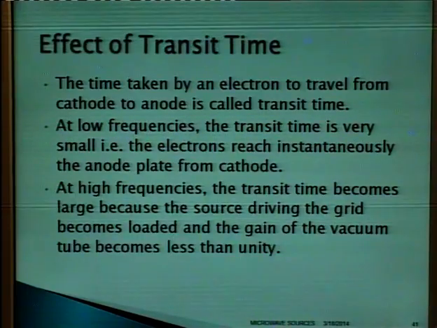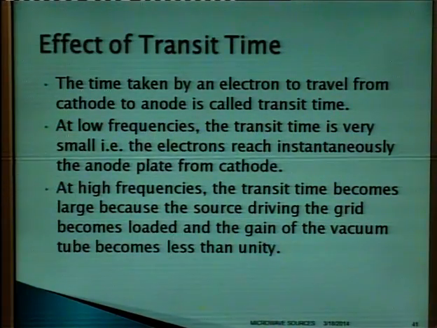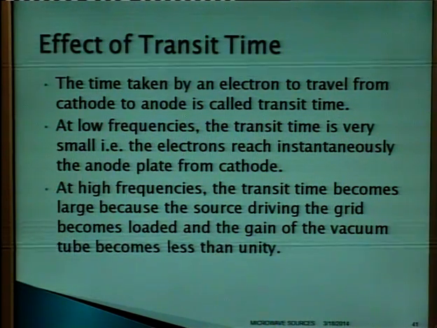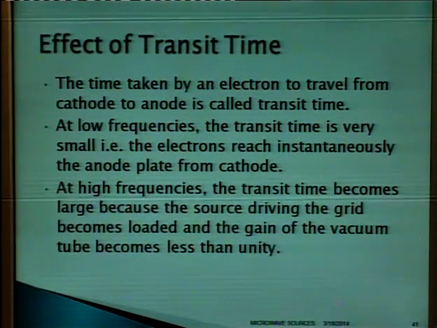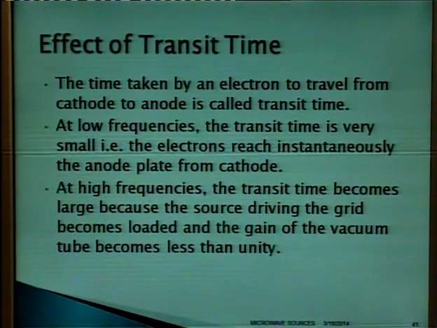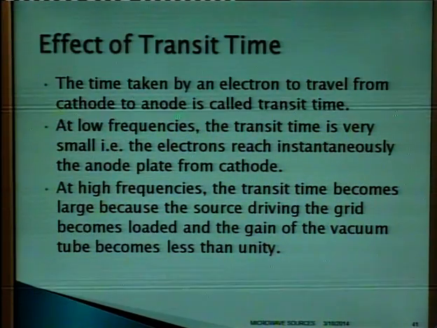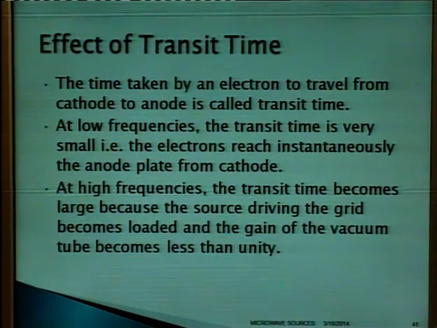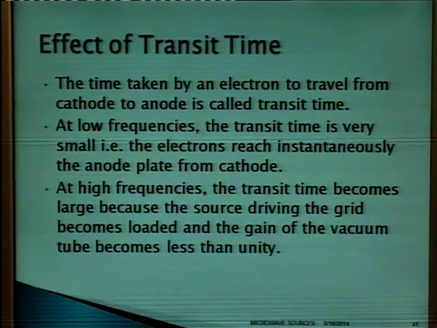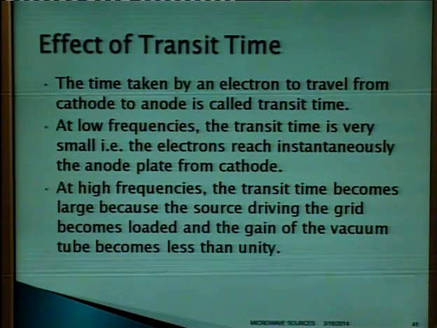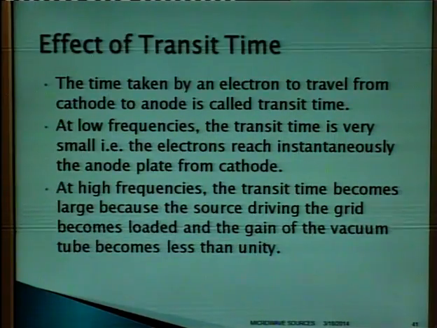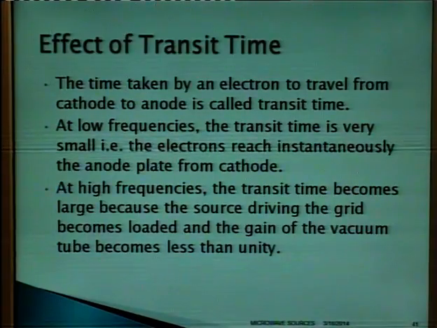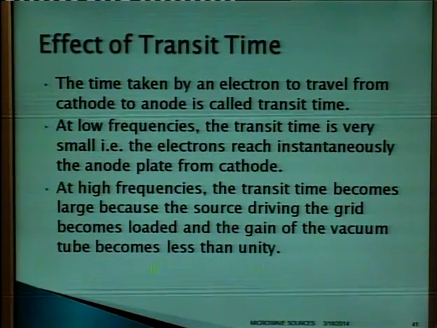At low frequency, this transit time is very small, nearly negligible, meaning the electrons reach the anode plate from the cathode almost instantaneously. But at higher frequency, the transit time becomes very large because the source driving the grid becomes loaded and the gain of the vacuum tube becomes less than unity.